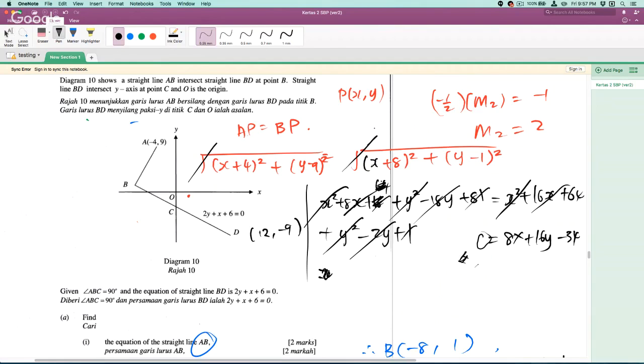Hey, this is 16. This is 81. Oh, we still have one here. 64. Okay, let me just use the calculator to solve all the numbers. So I thought it's the minus 16y.